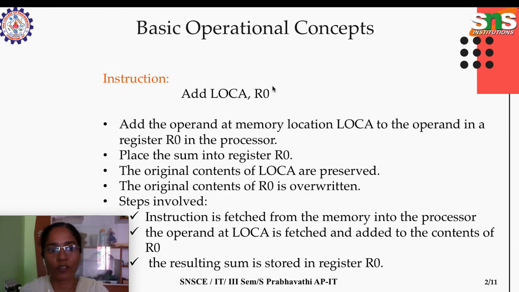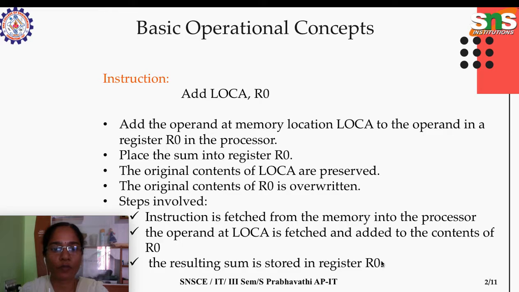To execute a single instruction in a program, these are the steps the modern computer system follows. The instruction is fetched from the memory to the processor, and the operand at location A is fetched and added to the content of R0. The result is stored in R0, or it can be stored in the memory also.